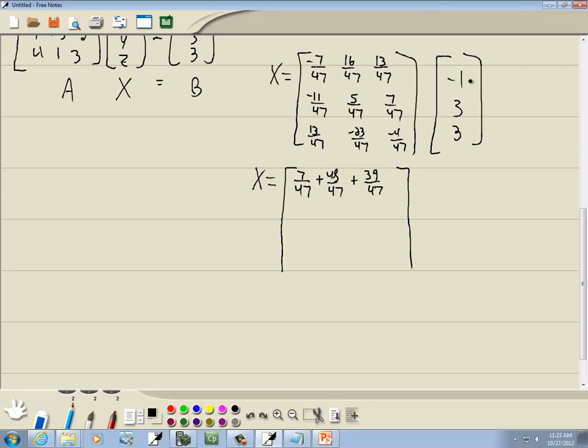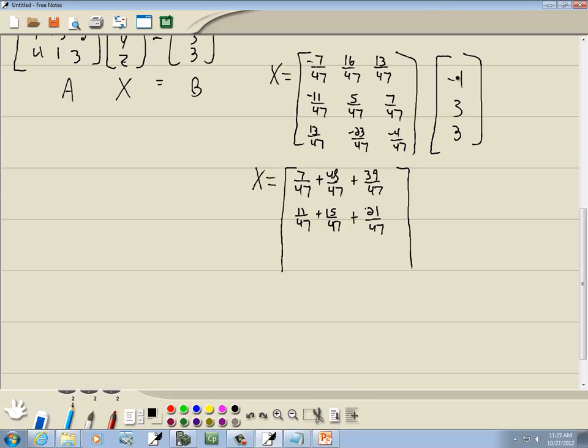Then second row times this column. -11 47ths times -1 is +11 47ths. 5 47ths times 3 is 15 47ths. 7 47ths times 3 is 21 47ths.